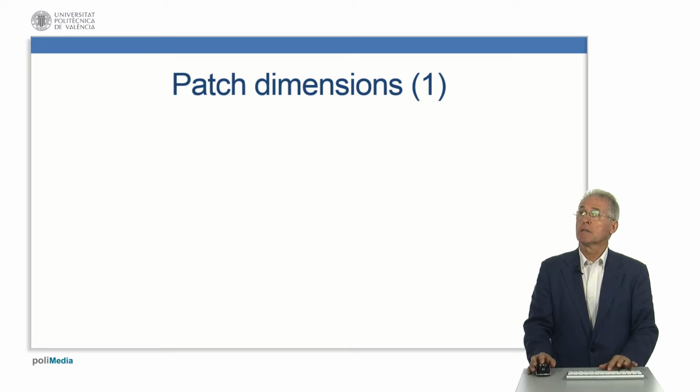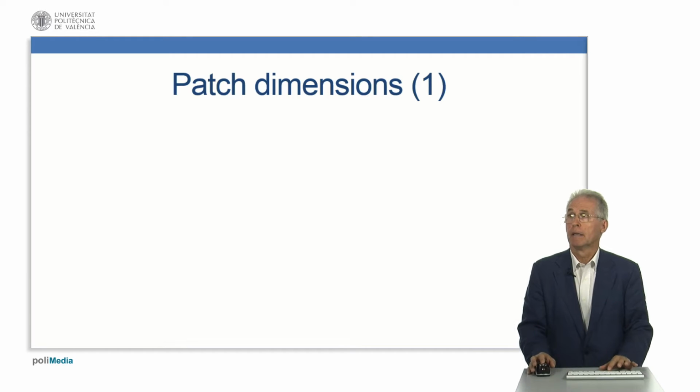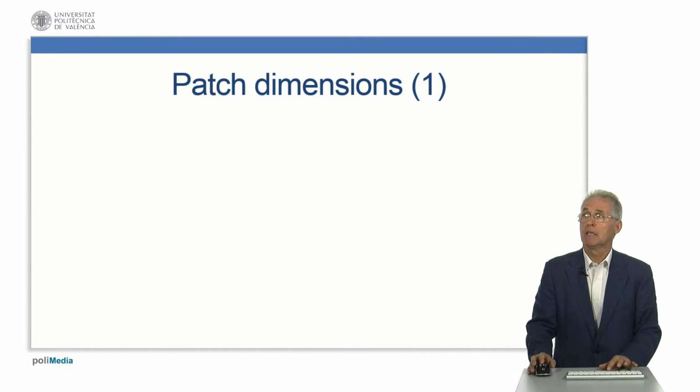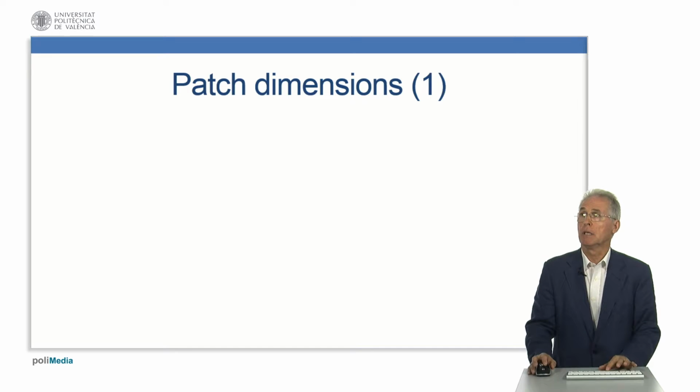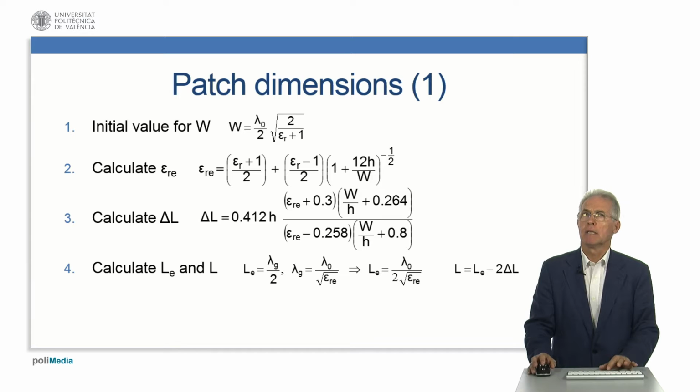The patch dimensions are chosen with a process that is initiated choosing a value for the width of the patch, that is lambda over 2 multiplied by the square root of 2 over the relative permittivity plus 1.